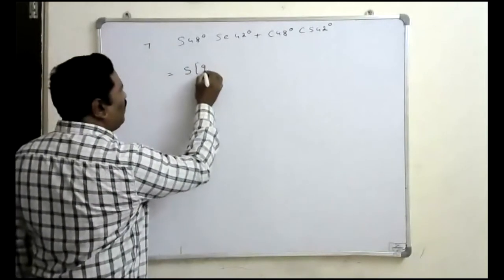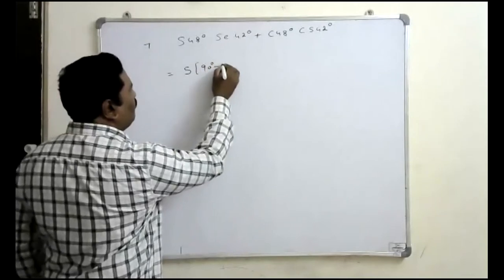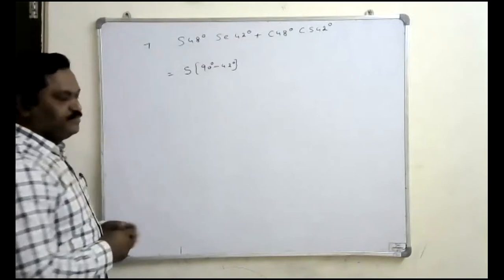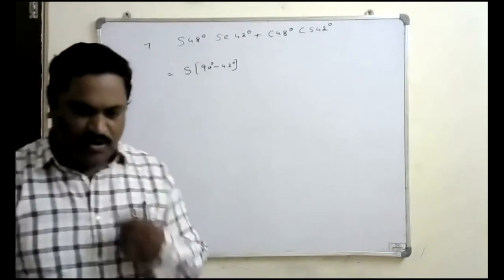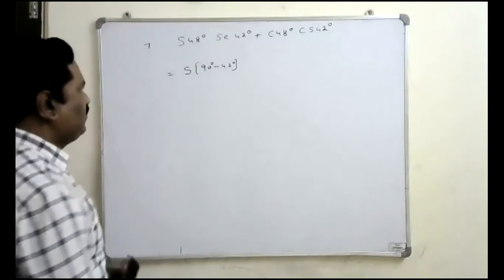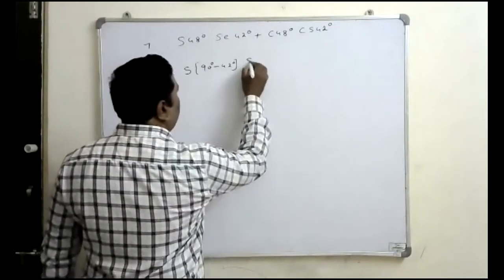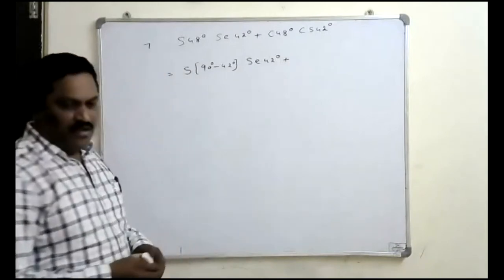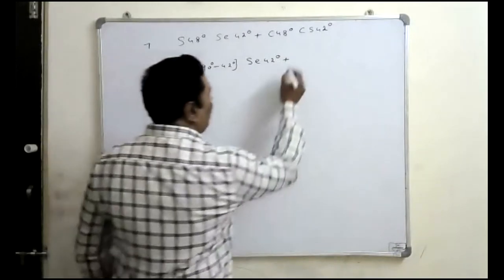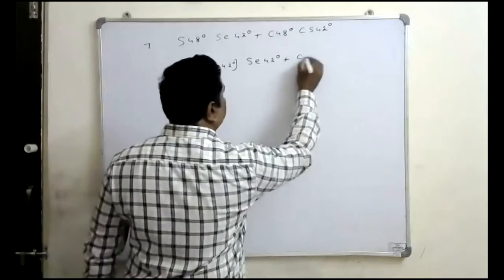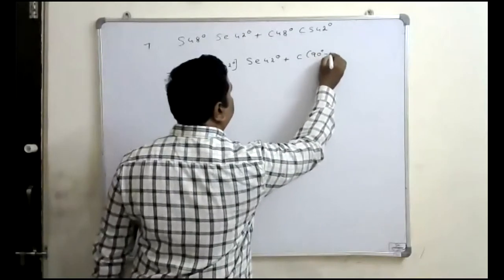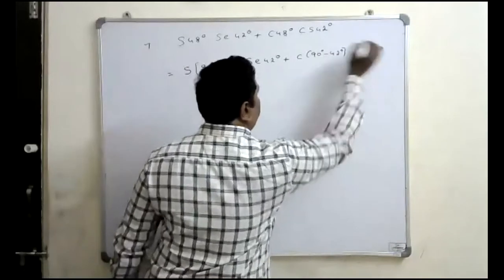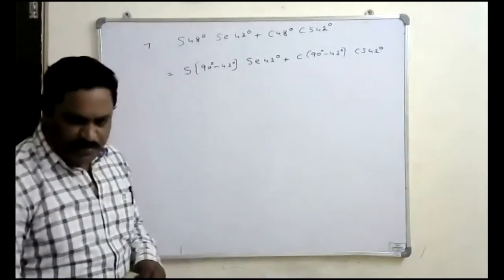This 48, can I write 90 minus 42? Yes, 90 minus 42 is 48 only. Now into, write secant 42 as it is. Plus, here cos 48, I will write cos of 90 minus 42 into cosecant 42 as it is. Like that we will express it.